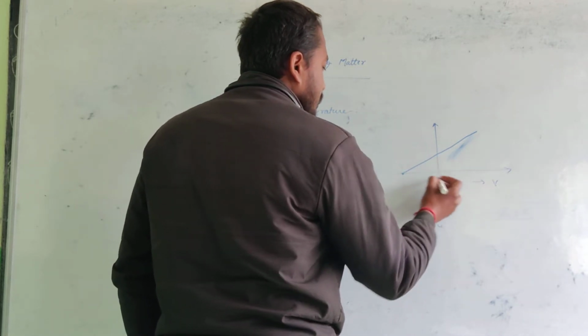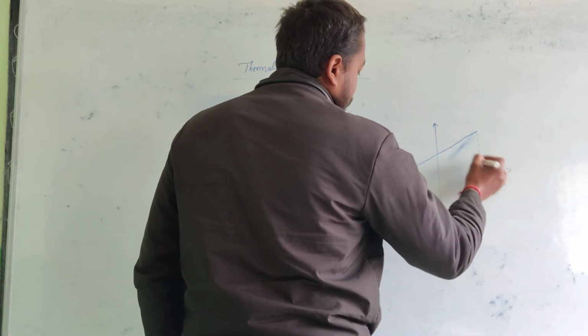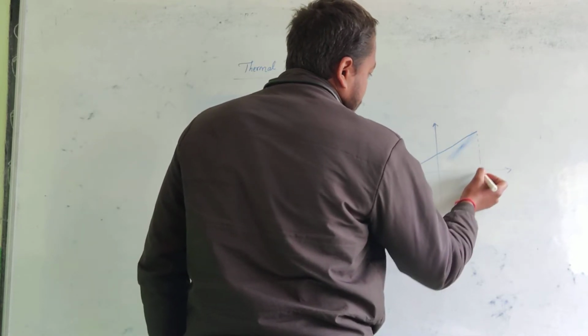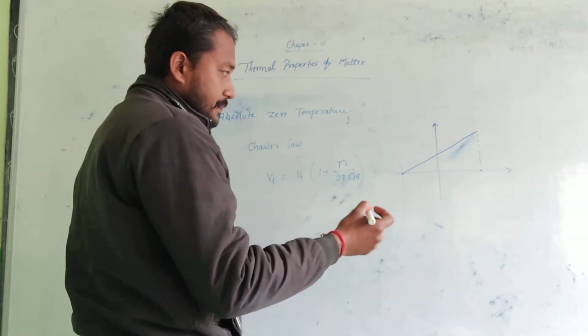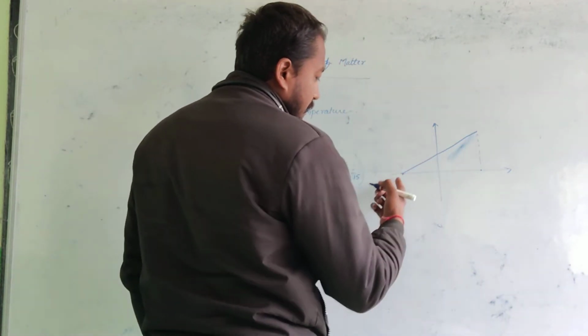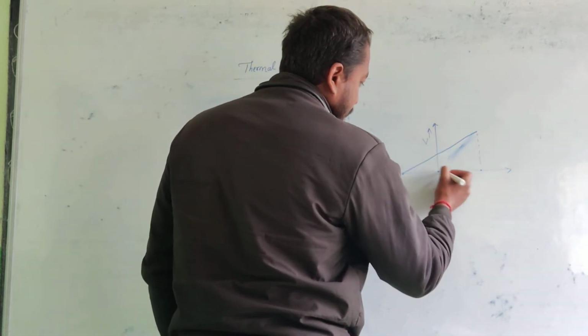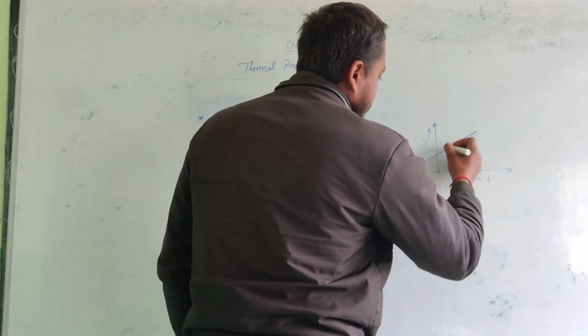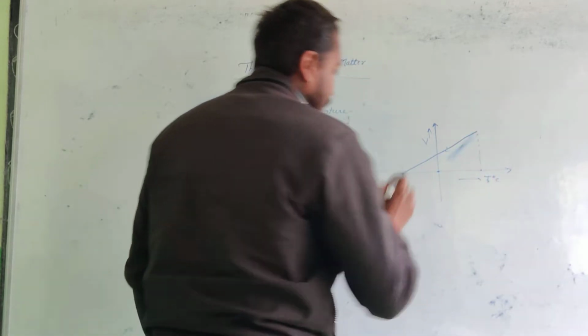In the graph, this is the volume, and this is the temperature. Now you are reducing the temperature from here to here, right?